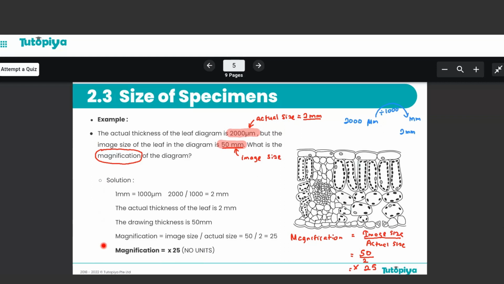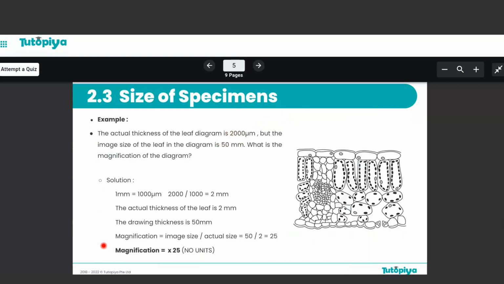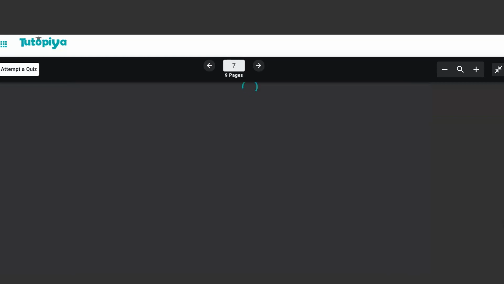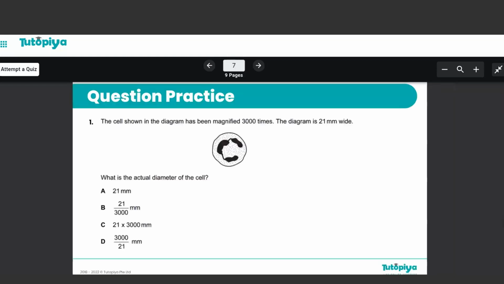But just to make sure, let's try out one more practice question given on this slide. Here's a new question for you to attempt. The cell shown in the diagram has been magnified 3,000 times. I'm highlighting this information: this is the value of the magnification.